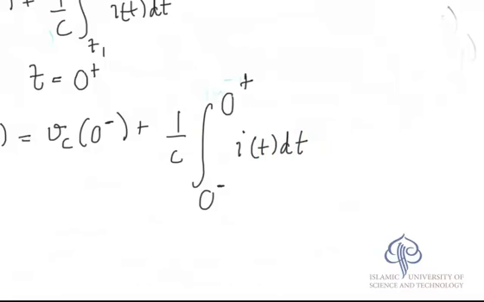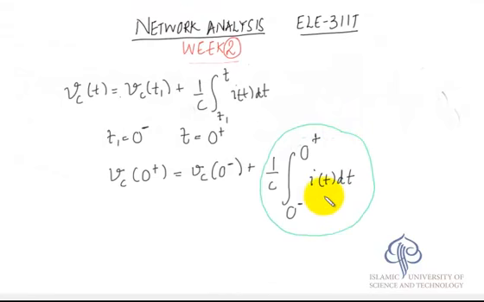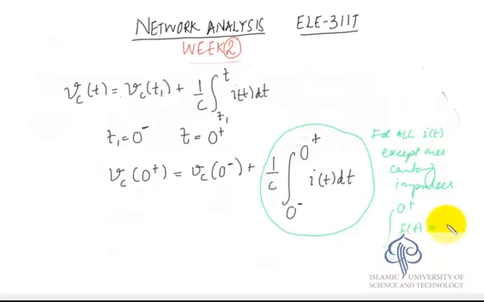This integral is 0 for all i(t) except ones containing impulses, because we know that the integral of the impulse function delta(t) dt is 1 from 0 minus to 0 plus, or from minus infinity to infinity, because it exists only at 0.